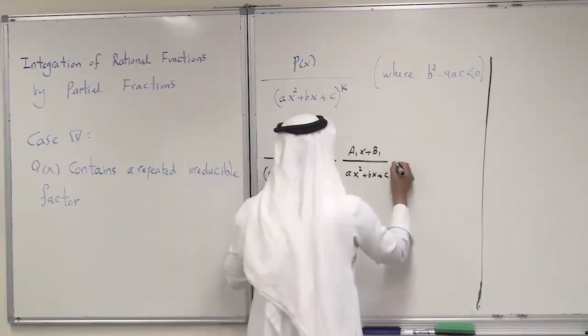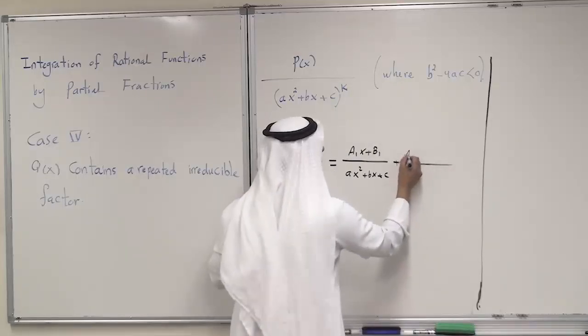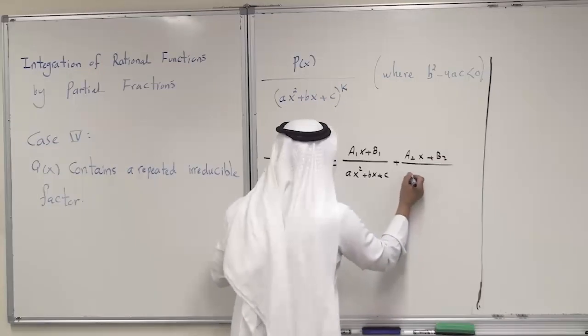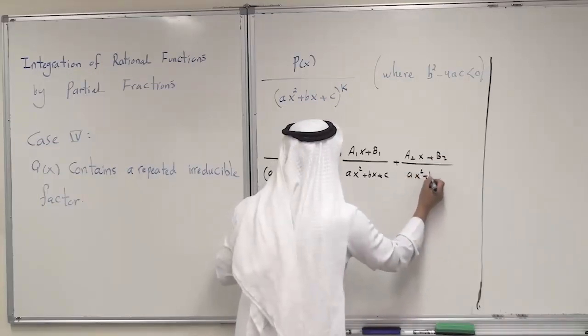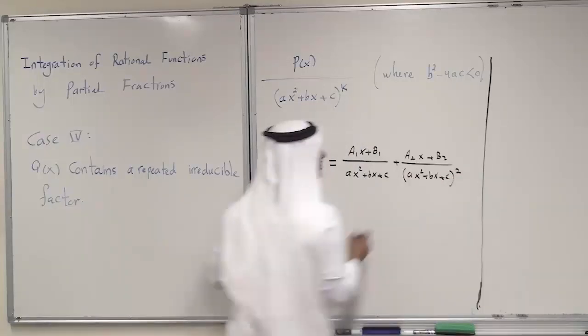Then, plus, we need now another polynomial of degree 1. So we will say a2x plus b2 divided by ax squared plus bx plus c all squared.